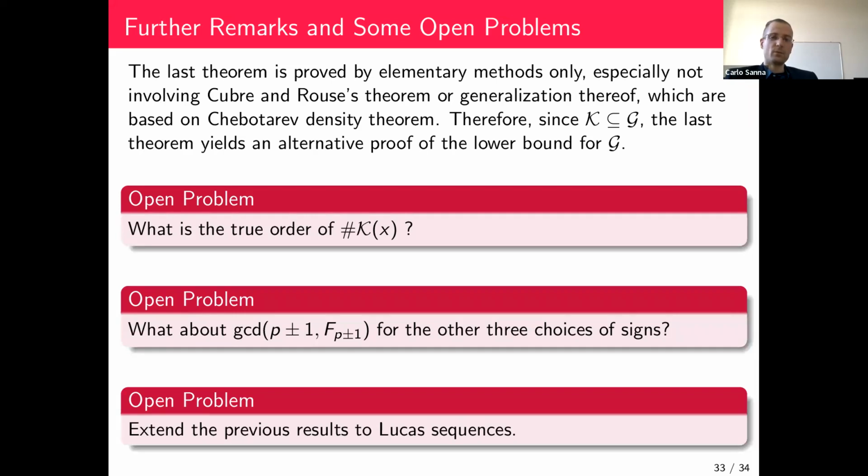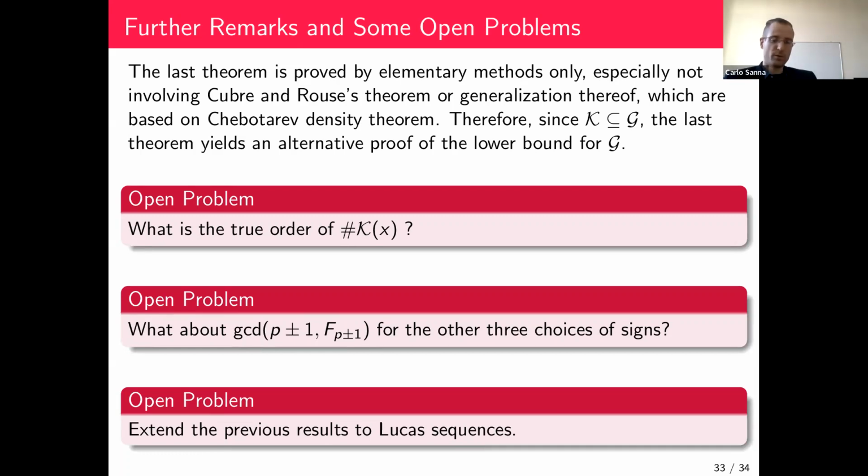And what perhaps is interesting is that we proved this lower bound by elementary methods only. Especially, we did not use the Kubler-Ross result or my generalization of it, which are based on the Chebotarev density theorem.